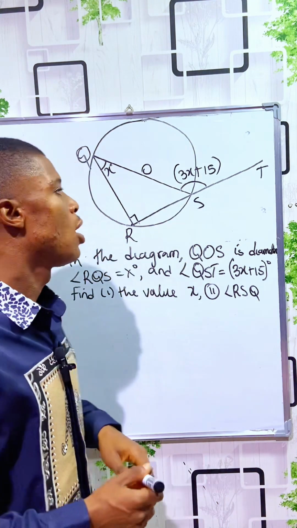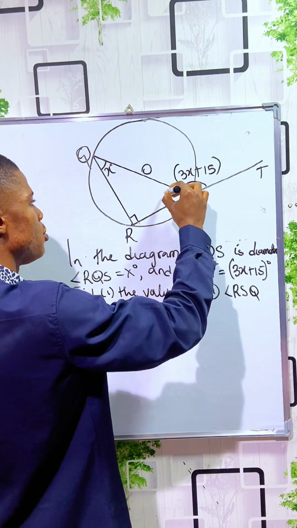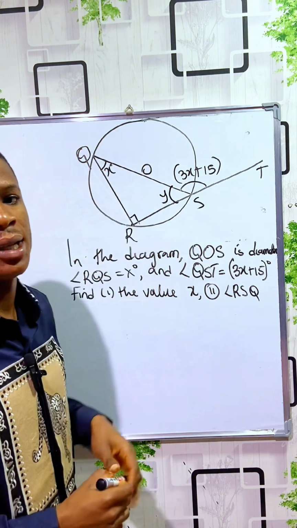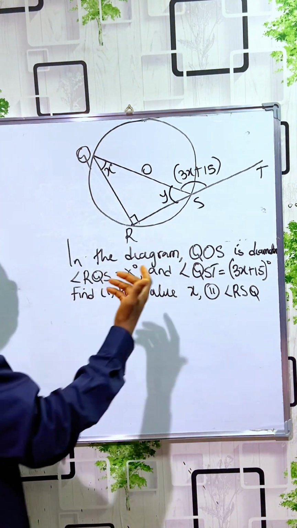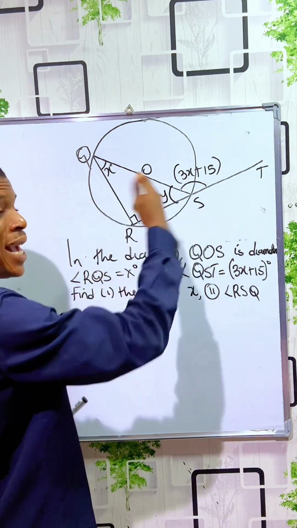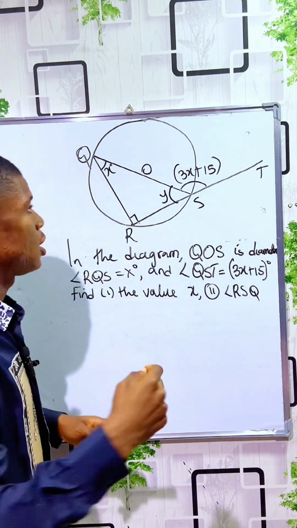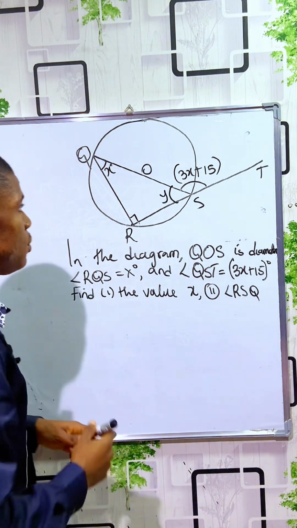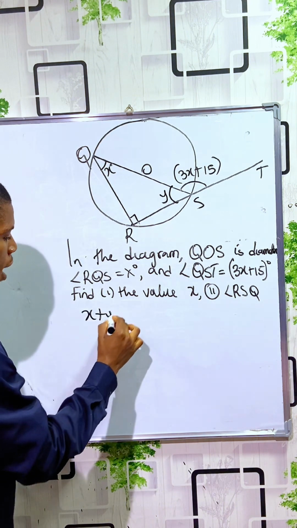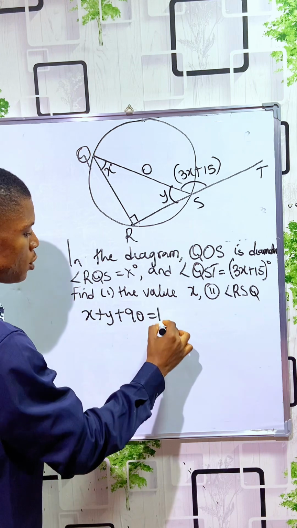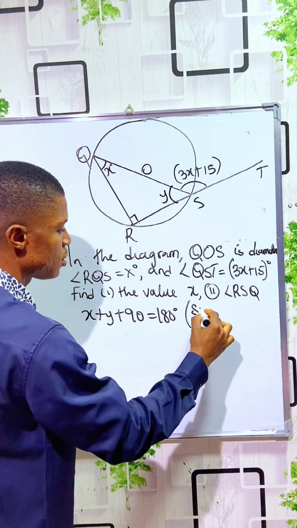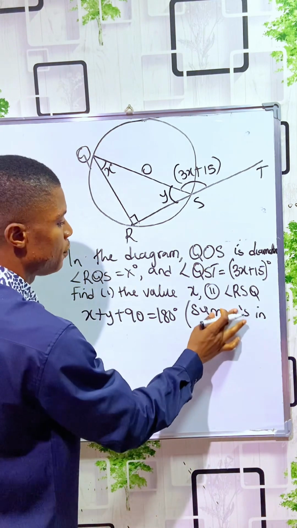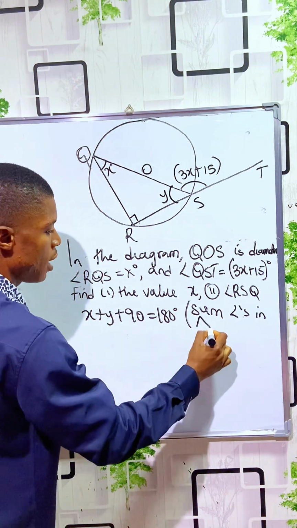It is very simple. First, let's just assign this angle here to be y. You can see that this is just a right angle inside a circle. So first, we can see that the sum of angles in a triangle is 180 degrees. So whenever we sum x, angle 90, and y, it should be 180 degrees. So x plus y plus 90 degrees is equal to 180 degrees, sum of angles in a triangle.